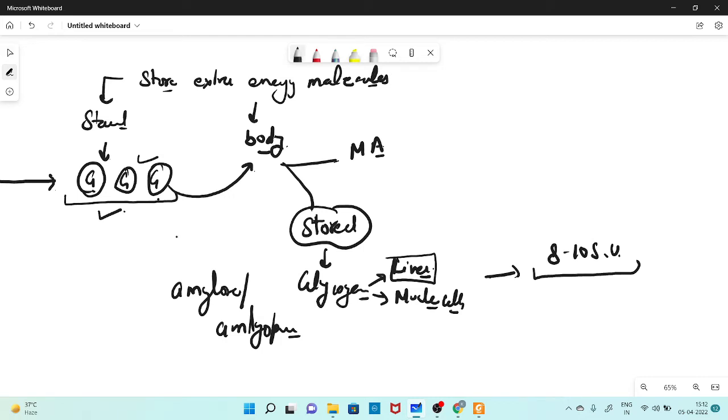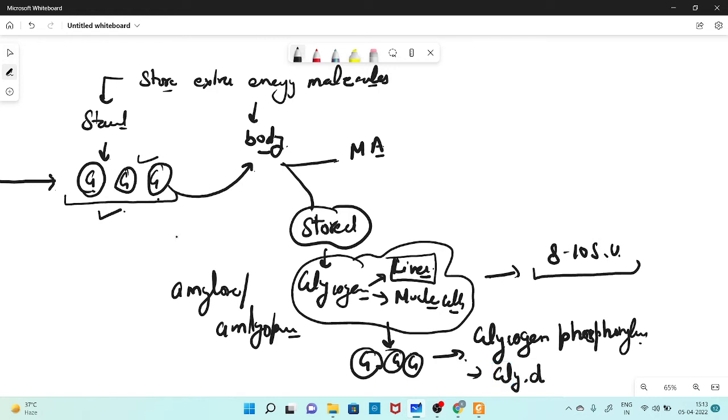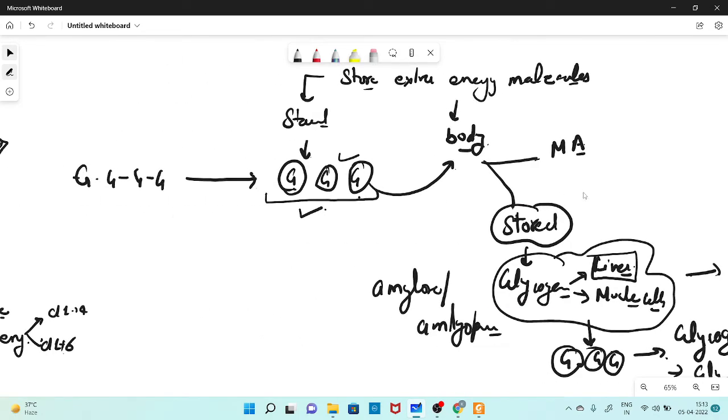And when you need this energy, you have to degrade the glycogen again into simple glucose molecules, and that is done by the enzymes glycogen phosphorylase and glycogen debranching enzyme. Right? So this is about the glycogen.